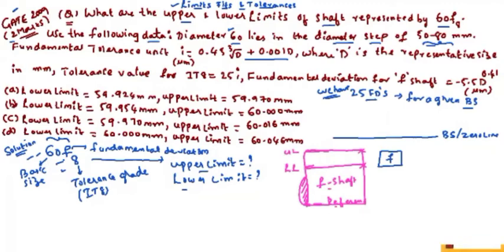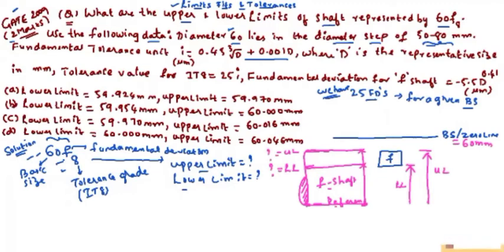It means from this reference point, this is the size of the lower limit and this is the size of the upper limit of this small f shaft corresponding to the basic size of 60 mm. So you need to find how much is this lower limit and how much is this upper limit.